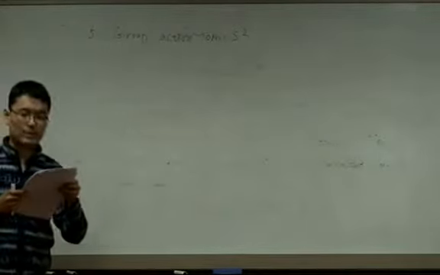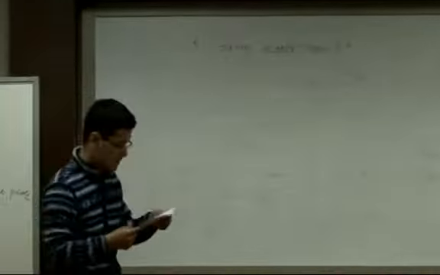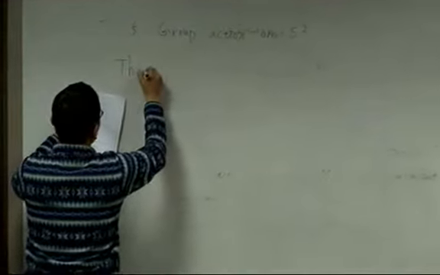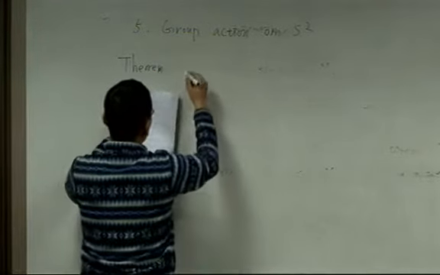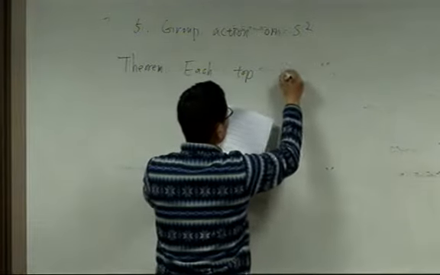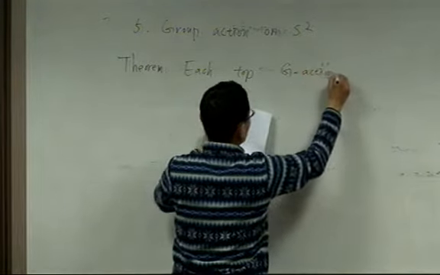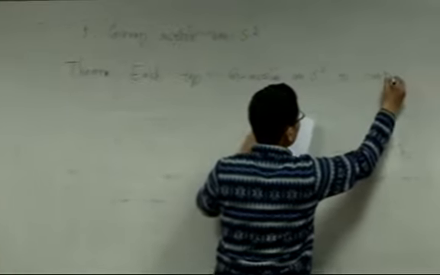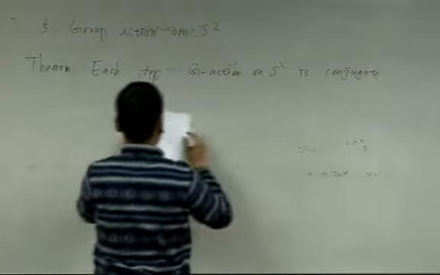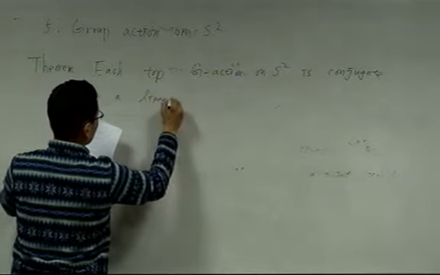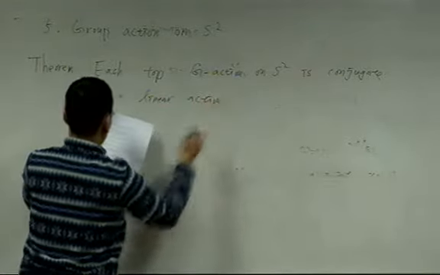So we explain G actions on two sphere. First, we state a classical result. Each topological G action on S2 is conjugate to a linear action. This means we may assume that the G action is linear.